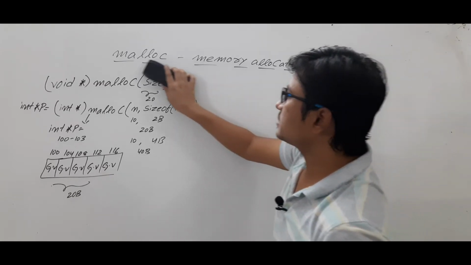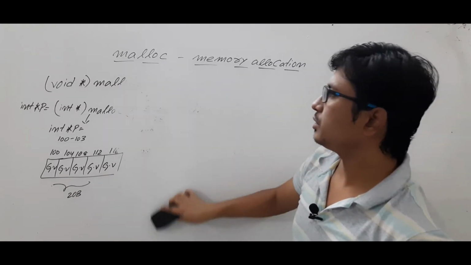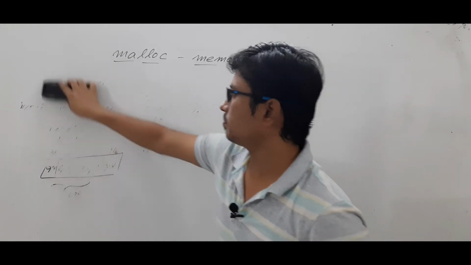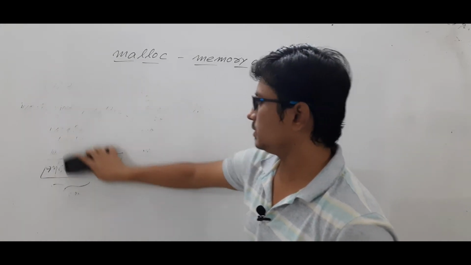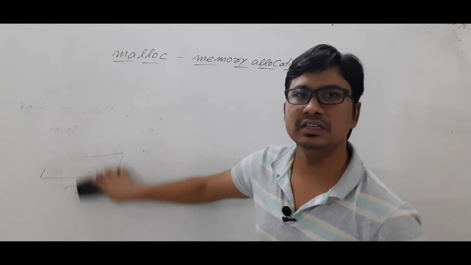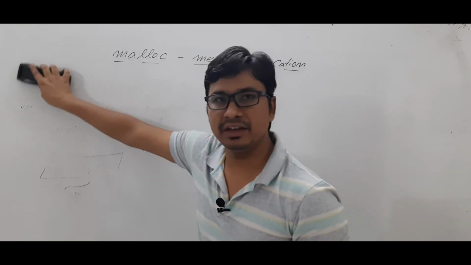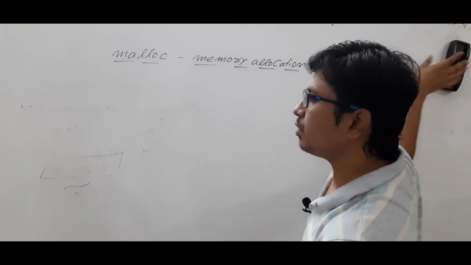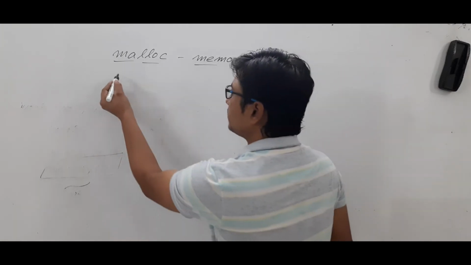Now let me write a C program related to the malloc function for better understanding. You know that to access these functions such as malloc, calloc, realloc and free, you have to include a header file called stdlib.h. So let me write the program.